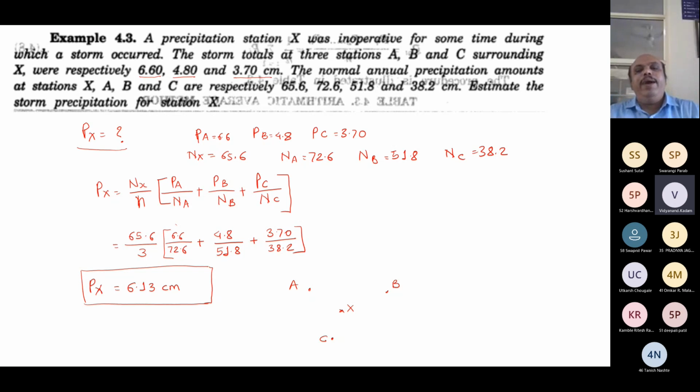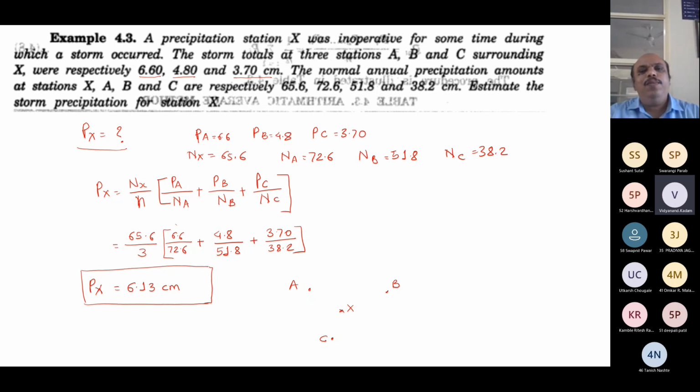So what you have to keep in mind, in normal ratio method, daily precipitation value is multiplied with the normal ratio. Normal ratio is the ratio of what? Normal annual precipitation value at station X to normal precipitation value at index station.